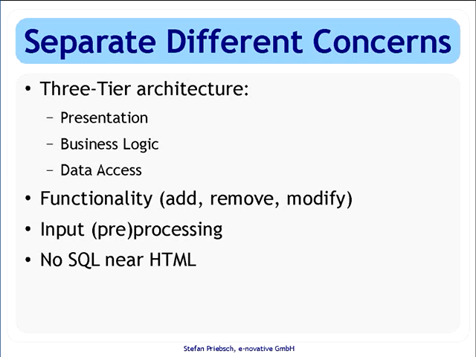Separate different concerns to me also means separate functionality of the application, separate the different commands that your application processes, separate adding stuff, removing stuff, modifying stuff. It's also very important to present that in a sane way to the user through the GUI.